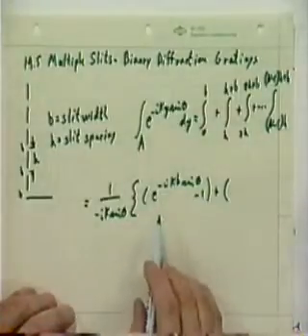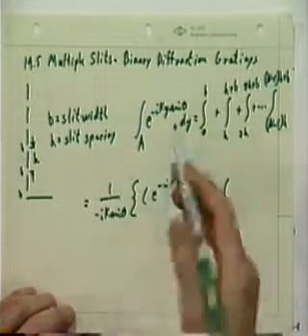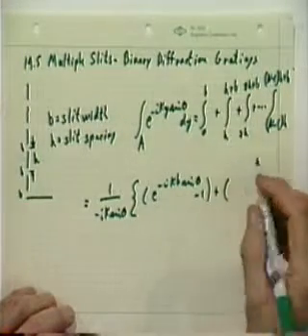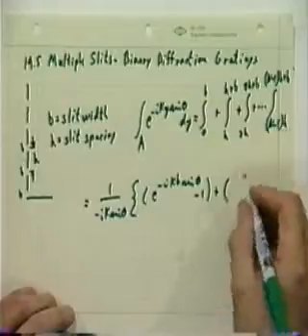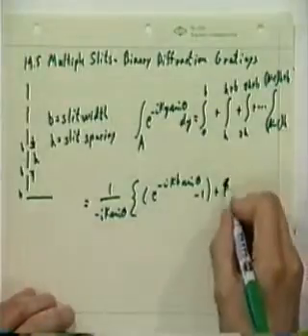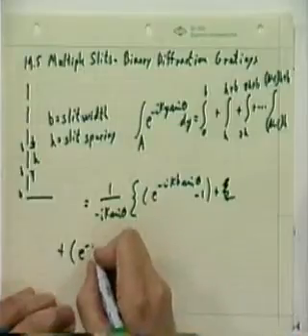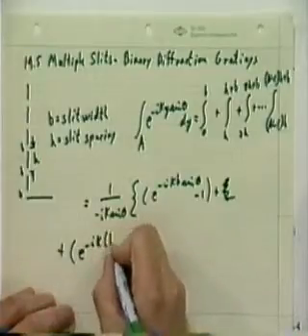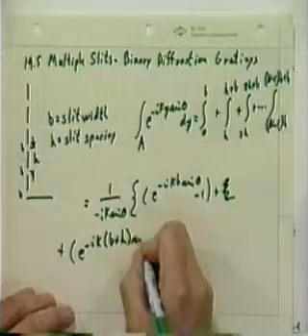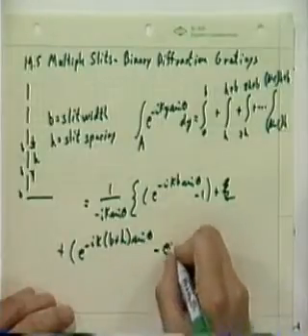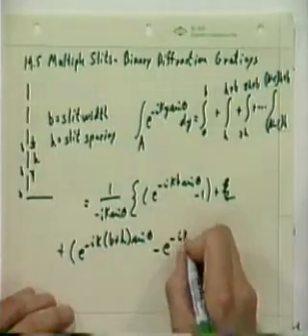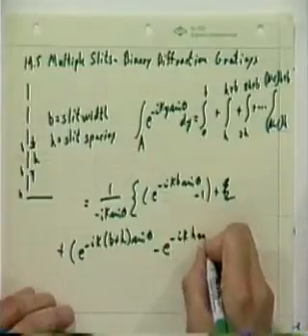And we said the first one is e to the minus ikb sine theta minus 1. And then the second one here, let's write it down here: e to the minus ik b plus h sine theta minus e to the minus ik h sine theta.